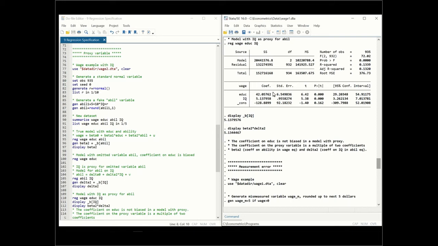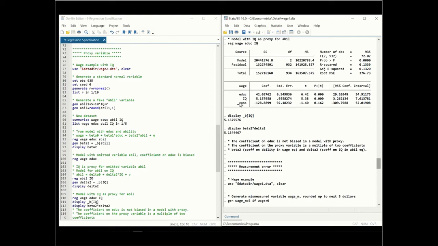One of the best things about having a proxy here for ability, in this case our IQ, is that this coefficient on education is 42. Notice that that's very similar to the coefficient that we had in the original true model. So by including a proxy variable, we do not have this coefficient biased anymore, like it was 60 before. Now we have the unbiased coefficient. So this is really great news.